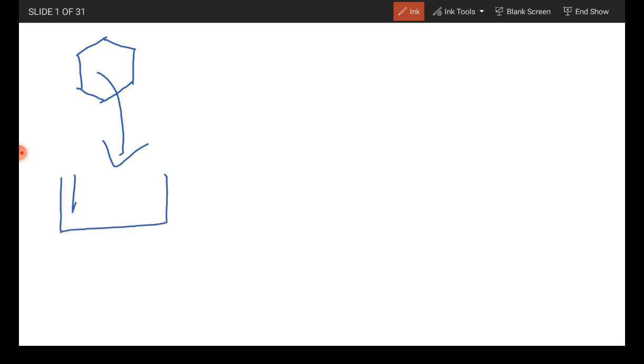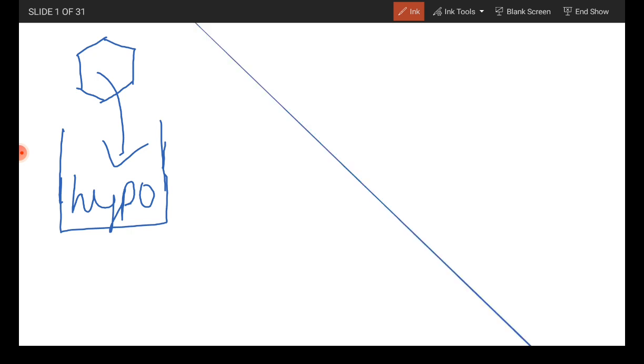We will see about various cases. When a plant cell is placed in a hypotonic solution, what happens? Let's see.